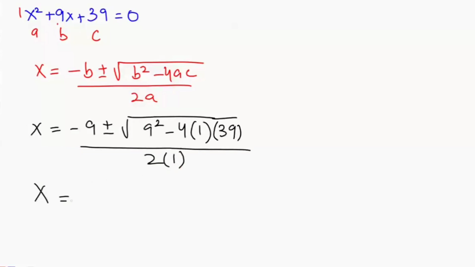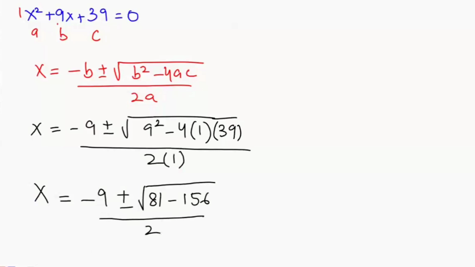So here x is equal to negative 9 plus minus, and 9 times 9 gives us 81, and 4 times 39 gives us 156, over 2. And here this will be equal to x is equal to minus 9 plus minus root negative 75 over 2.